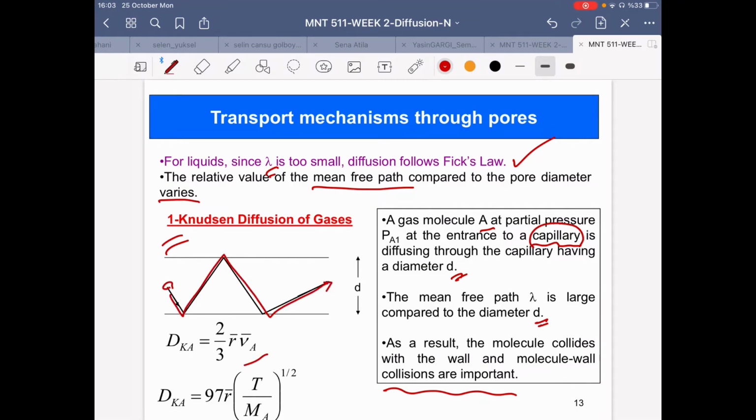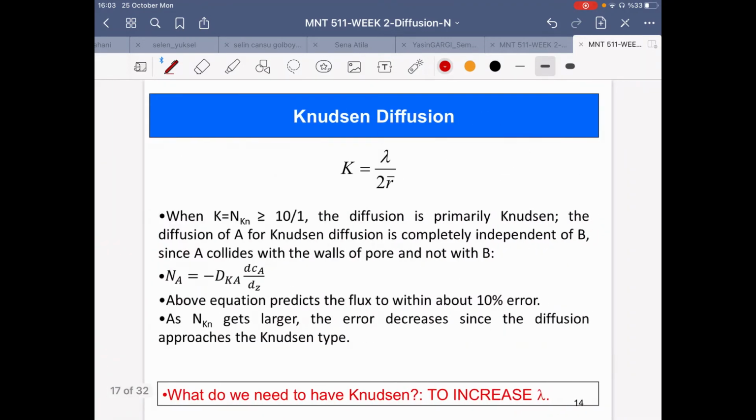You can say that the Knudsen diffusivity of my molecule A can be found from this equation, and you use that to figure out what your diffusivity is in your network, for example.